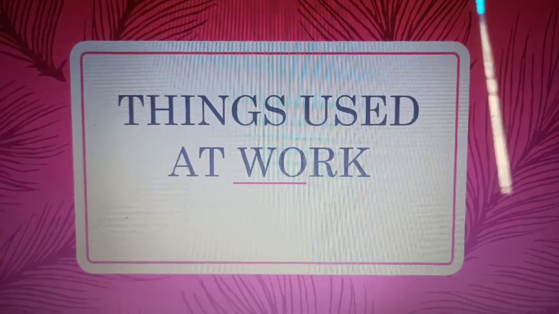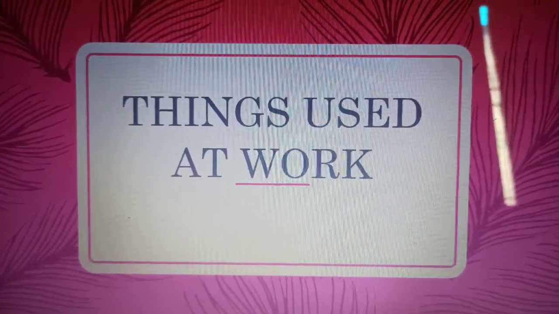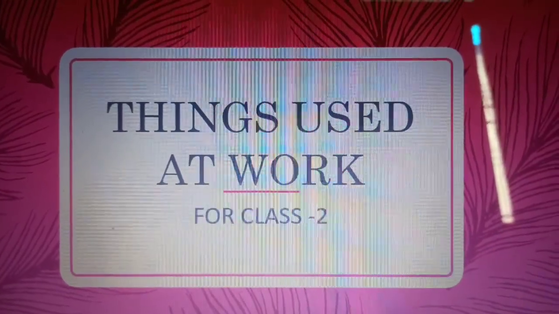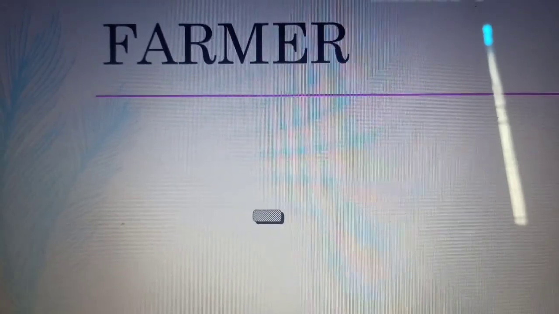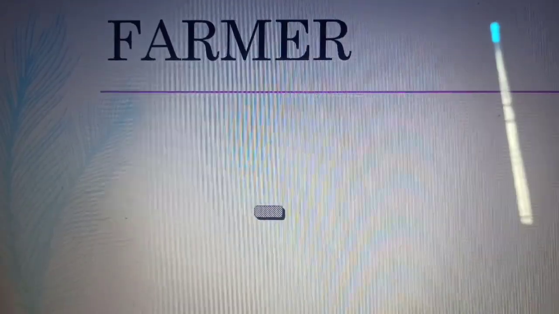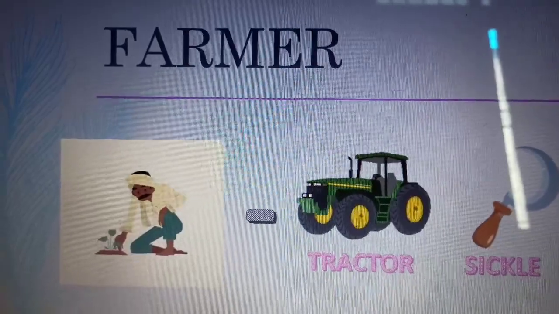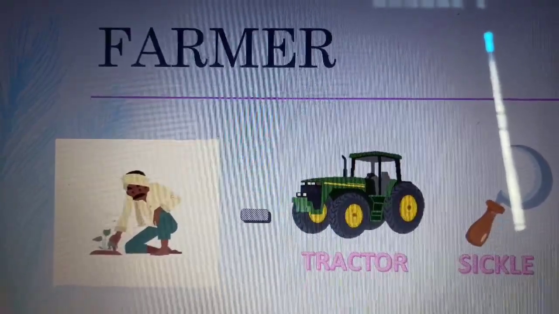So children, now we have this next chapter, and the chapter name is things used at work. So there are different persons who do the job, like farmer. So what things does he require for farming? It's a tractor and sickle.